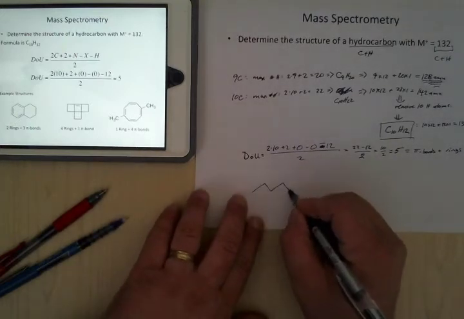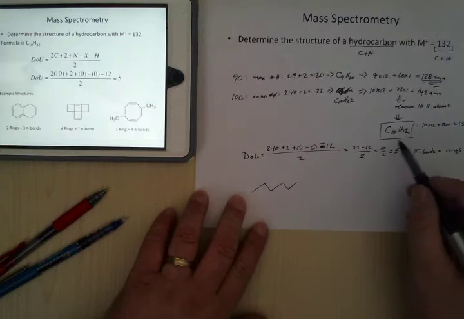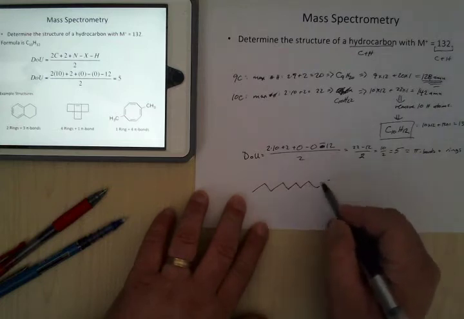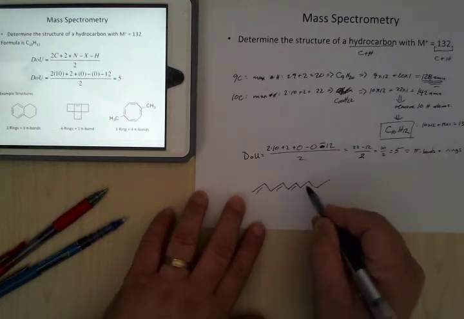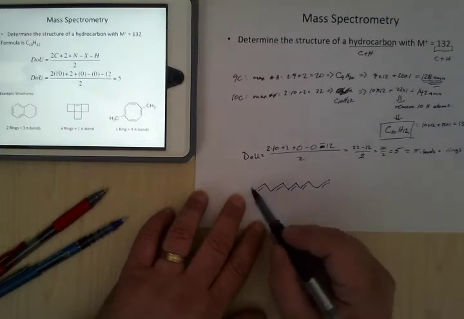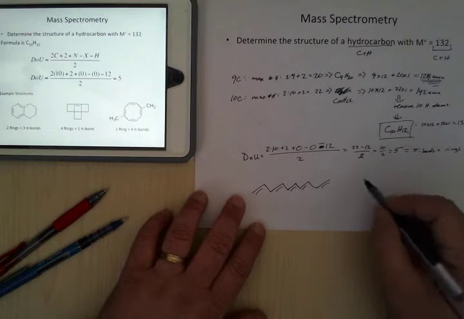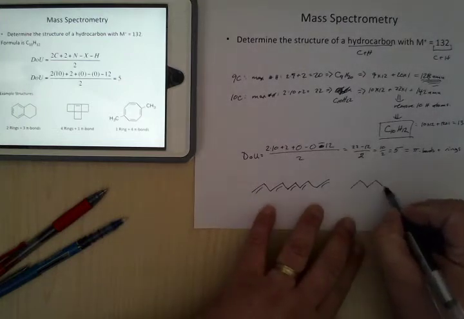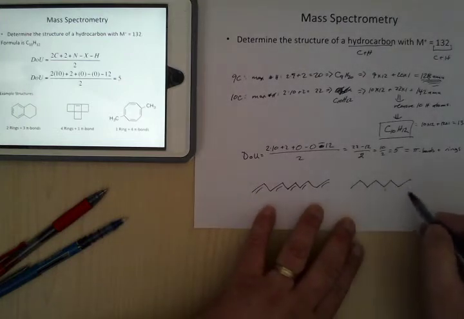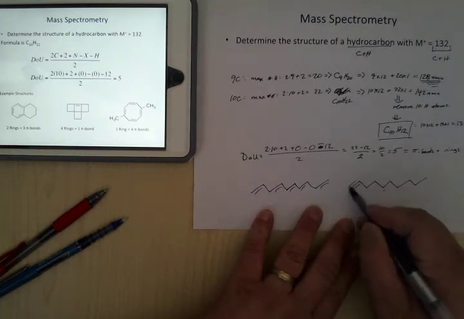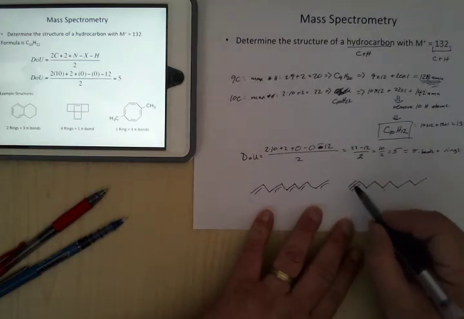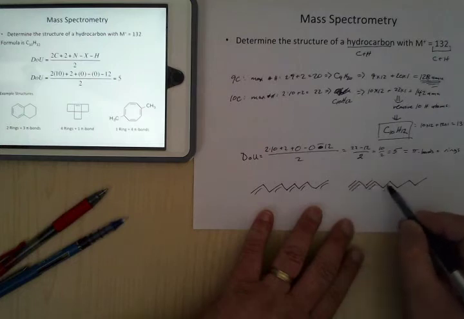You could do no rings and 5 pi bonds. You could also do a triple bond, which is worth 2, so you get 2, 4, 6, 8, 10.